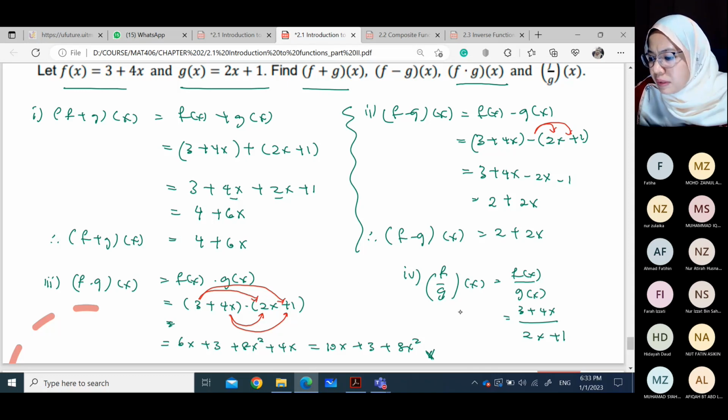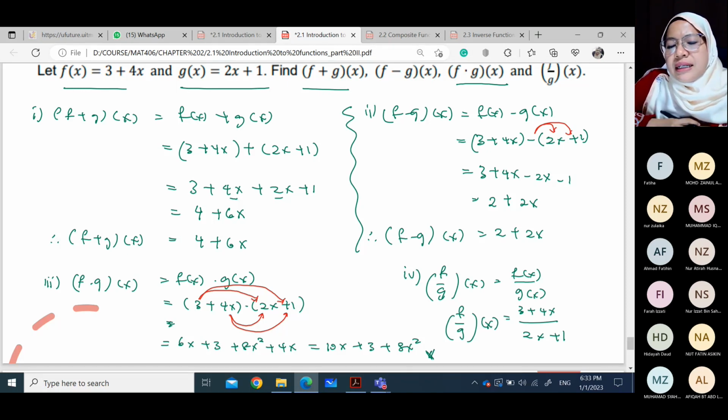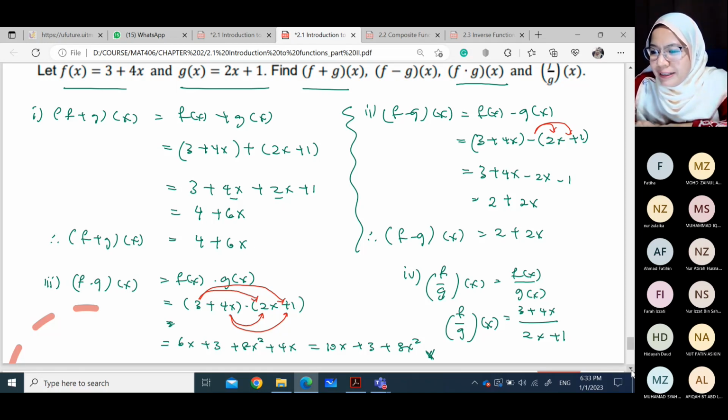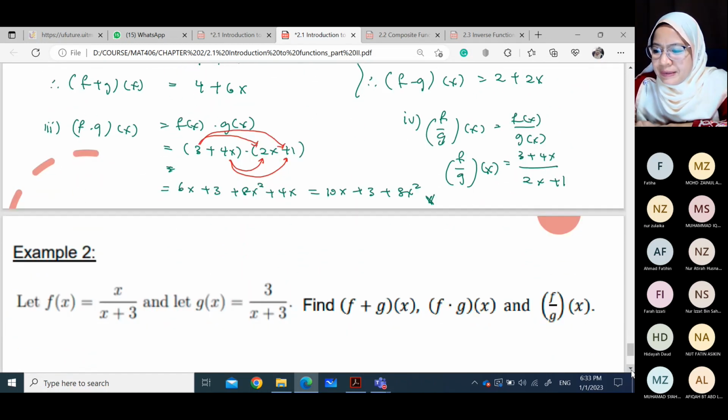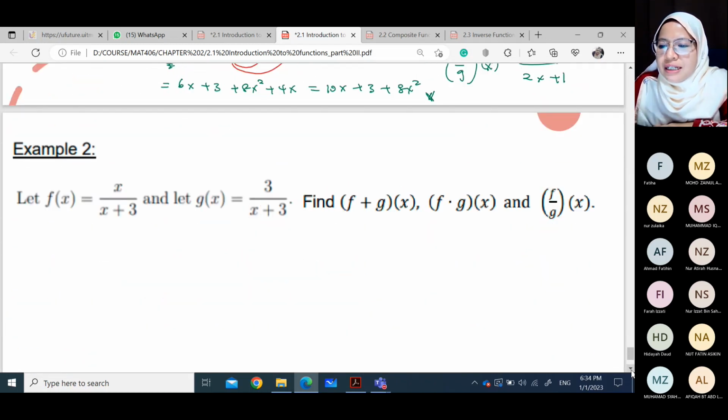So this one is about (f over g)(x). Alright. So katakan dia minta f plus g when x equals 2 ataupun pada domain 2. So you just gantikan x dengan 2. Then you akan dapat jawapan dia. Alright? Boleh? Ni boleh buat sendiri kot. Sama je. Okay, so ada soalan?